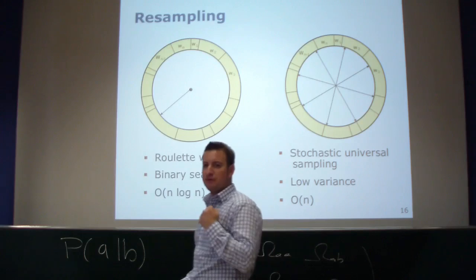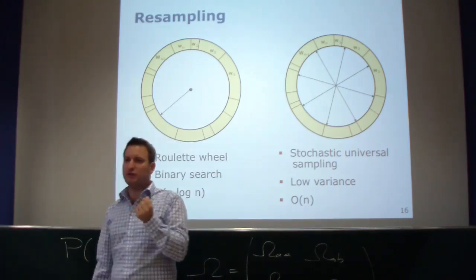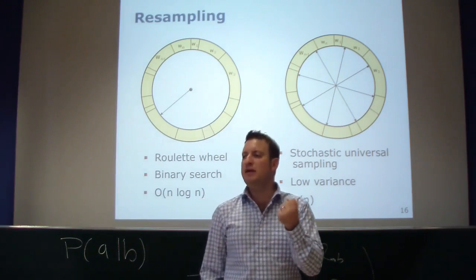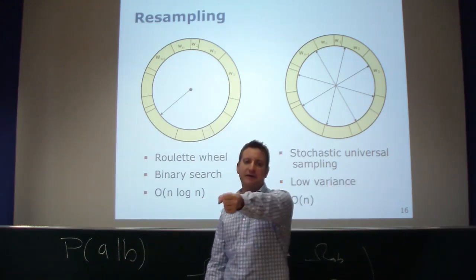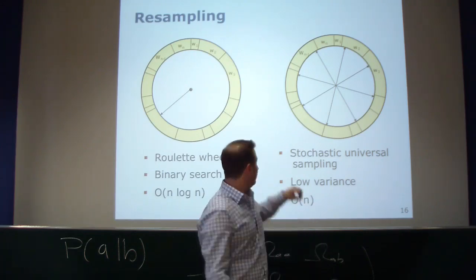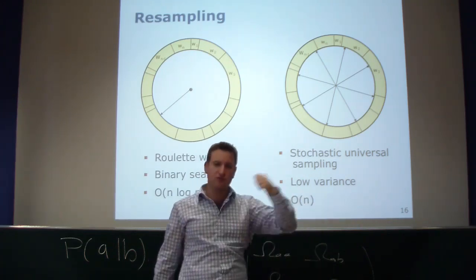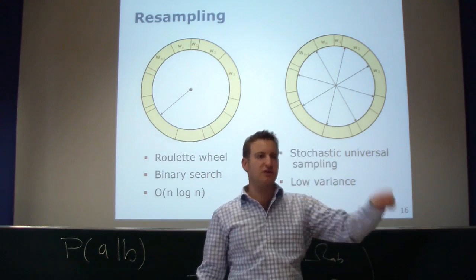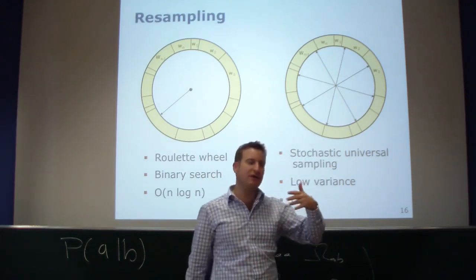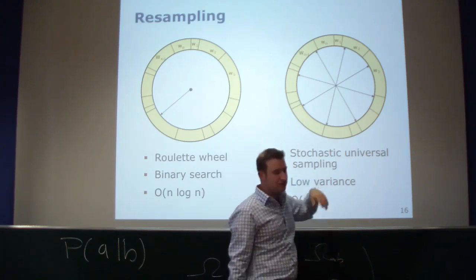So every sample is perfectly replicated, which makes absolute sense, because if all particles have the same weight, there's no reason to say this one is better than the other one and I should replace one by the other. In this approach, however, it can happen that you draw a sample multiple times and neglect another one. So you have a low variance resampling.